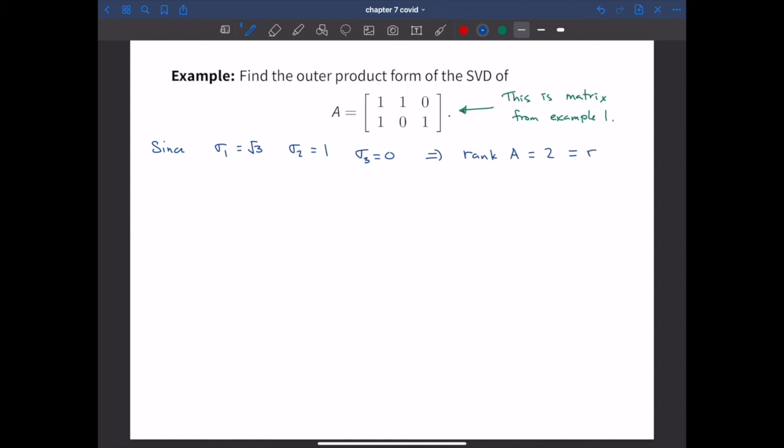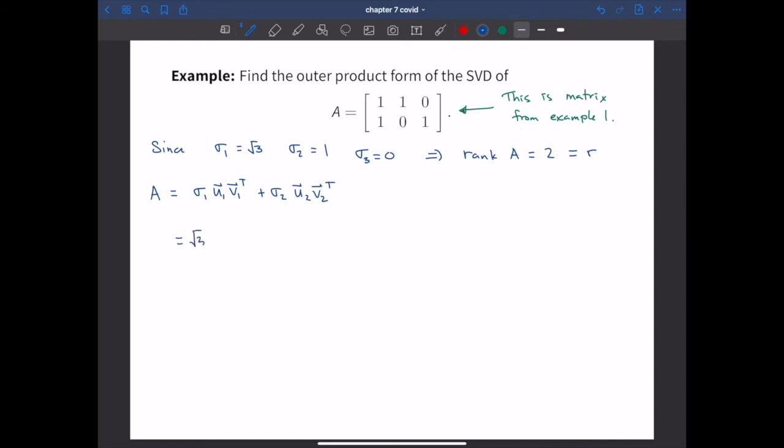So in other words, the matrix A can be split up into sigma 1 times U1 V1 transpose plus sigma 2 times U2 V2 transpose. Of course we could write plus sigma 3 U3 V3 transpose, but because sigma 3 is 0, any terms that come after it are just going to be 0. So we don't bother to write it down because it gives us 0 contribution to the whole matrix. So let's write out what these values are.